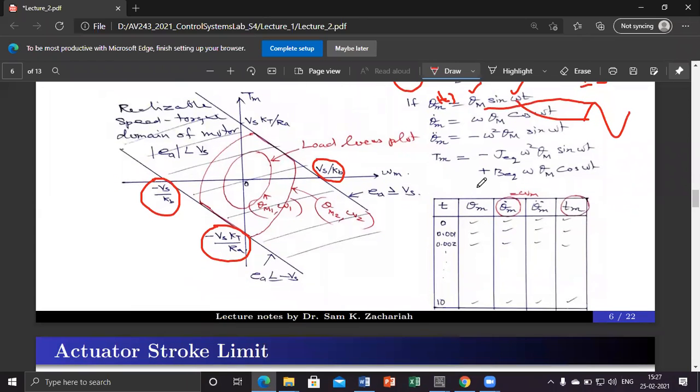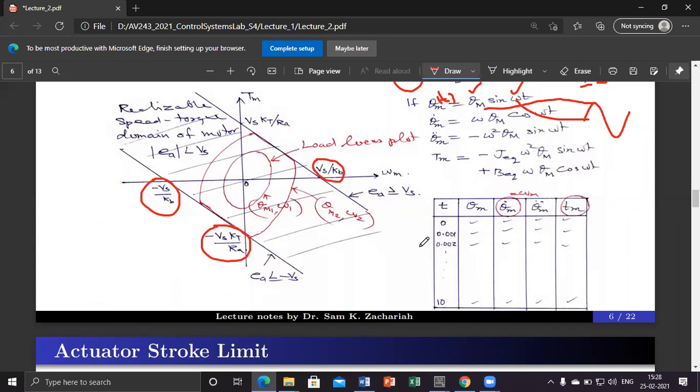Then you can make a table like this: time t, theta m dot, theta m double dot, and Tm. Vary this time t from 0 to some 10 seconds, for example, in steps of 1 millisecond. Find all these things. After finding all these things, you can forget about the other columns. So only worry about theta m dot and Tm.